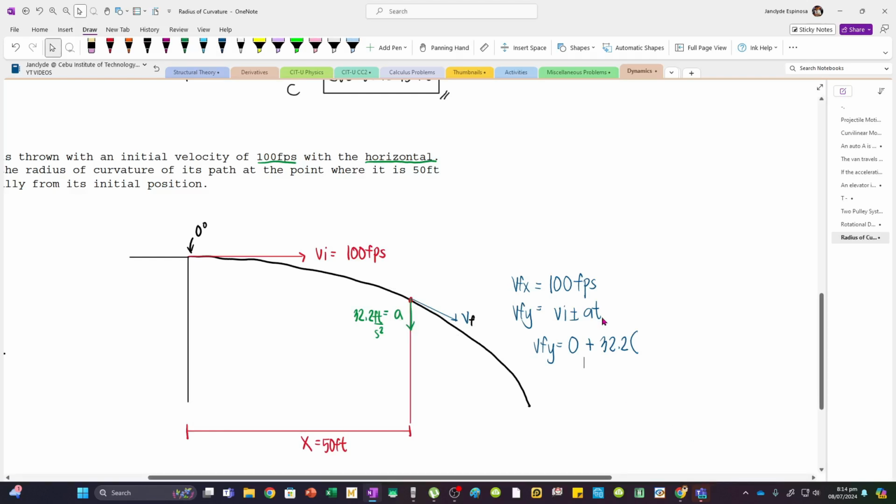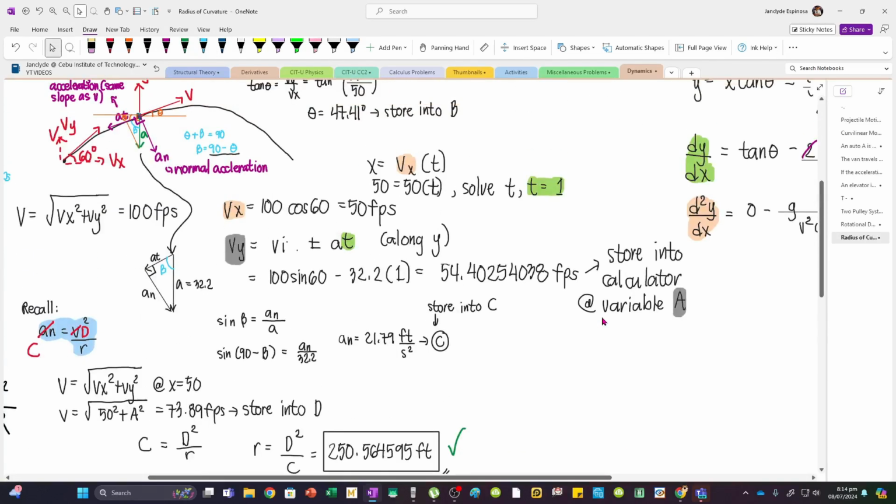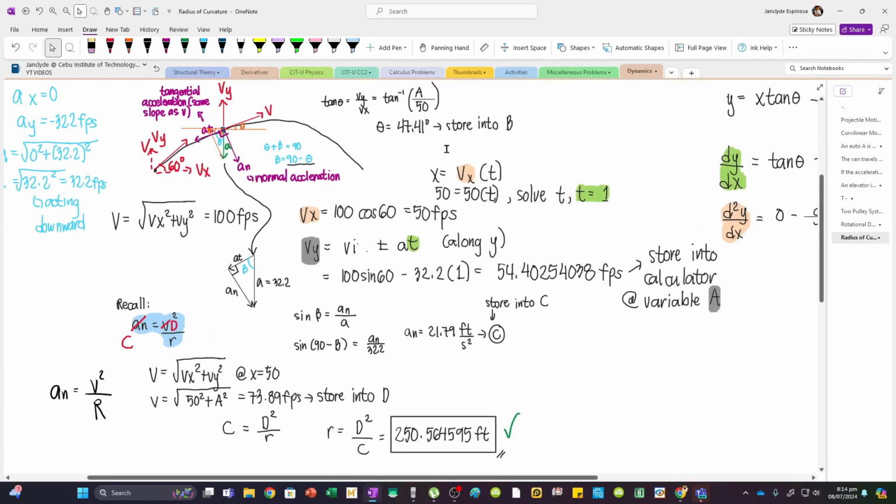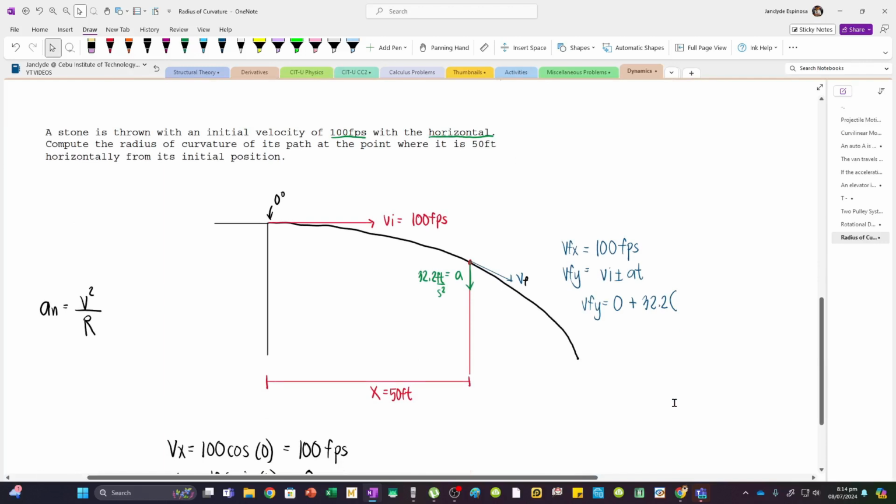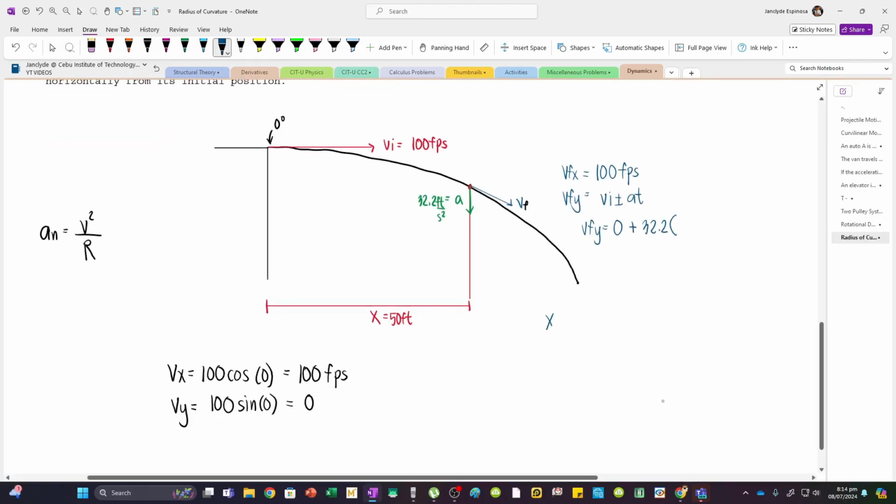And then, what is T? We can solve T using this formula. X equals Vx times T. So, X equals, what is Vx? We have 100.